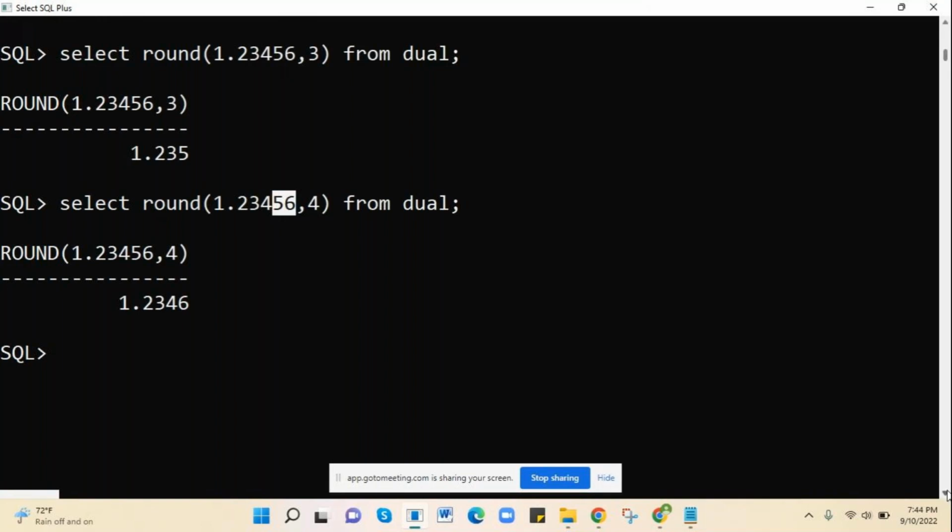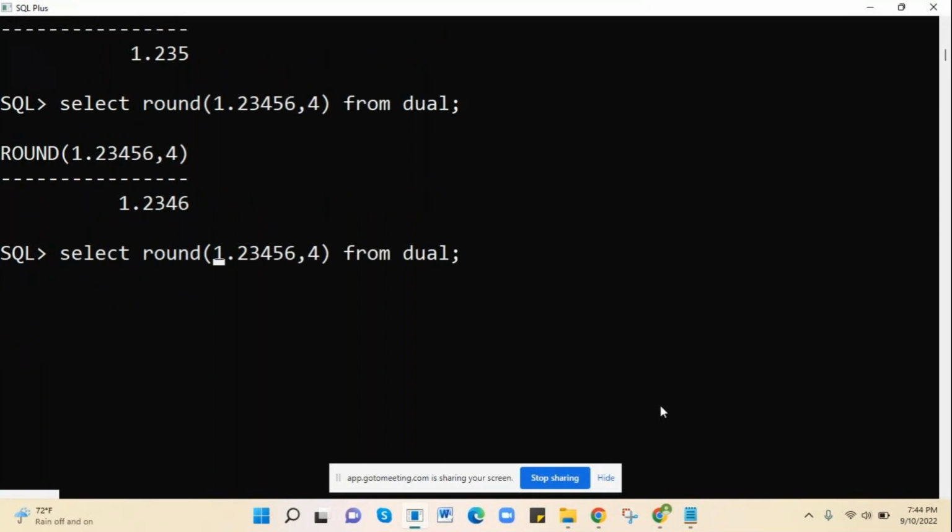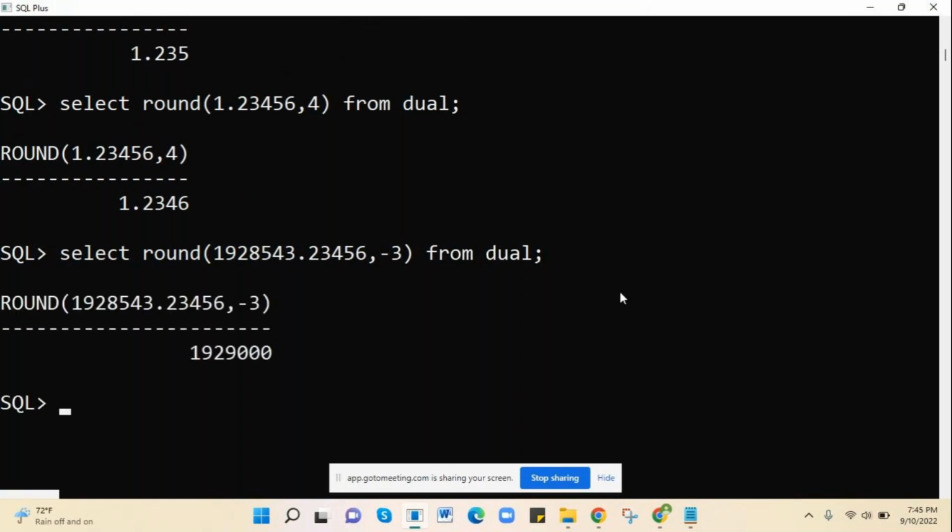We have negative also. It means before the decimal point. Say we gave -3. Plus value means after the decimal point. -3 is nothing but before. So it is -1, -2, -3. So I want to round 5. See here the output. It is 9,000. Why?